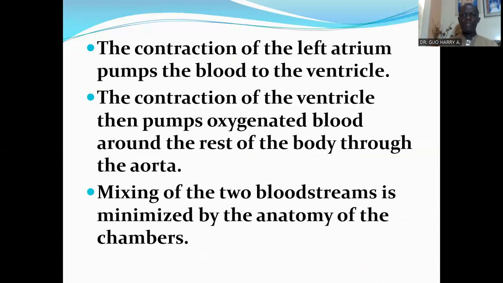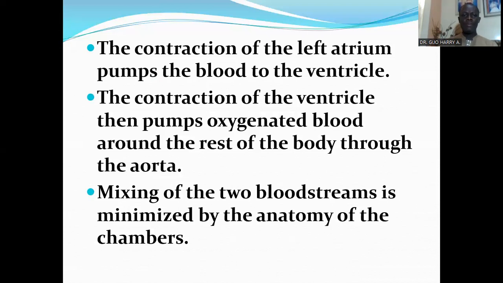The contraction of the left atrium pumps blood to the ventricle. The contraction of the ventricle then pumps oxygenated blood around the rest of the body of the amphibians through the aorta. Mixing of the 2 blood streams is minimized by the anatomy of the chambers.